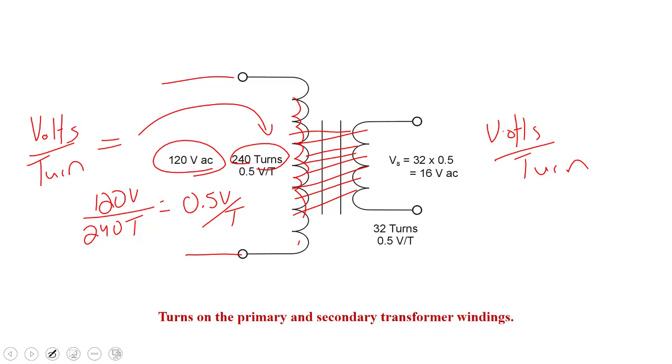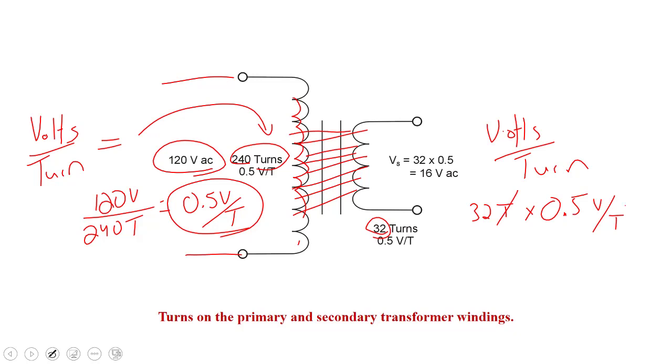So in this case, if I know on this side that I've got 32 turns, and I know that I have 0.5 volts per turn on the primary, that it's got to be the same on the secondary, I can take 32 turns and times it by half a volt for every one turn.